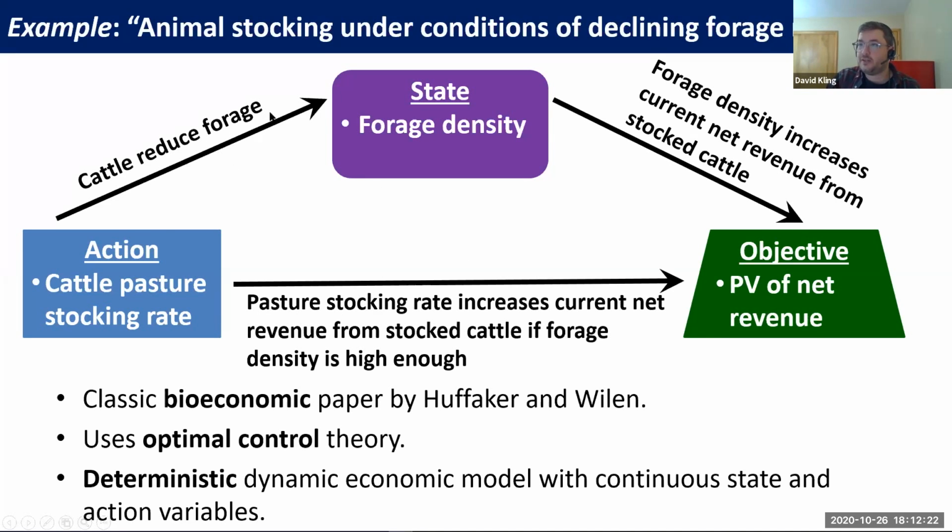But the problem here, and the source of tension and interesting trade-offs to analyze, is that your cattle reduce that forage. And of course, if your action, this pasture stocking rate, increases, you increase your net revenue if you add cattle, but that's only true, interestingly, if forage density is high enough. Too much cattle mows down the forage, and you lose, all else being equal, revenue from your cattle operation.